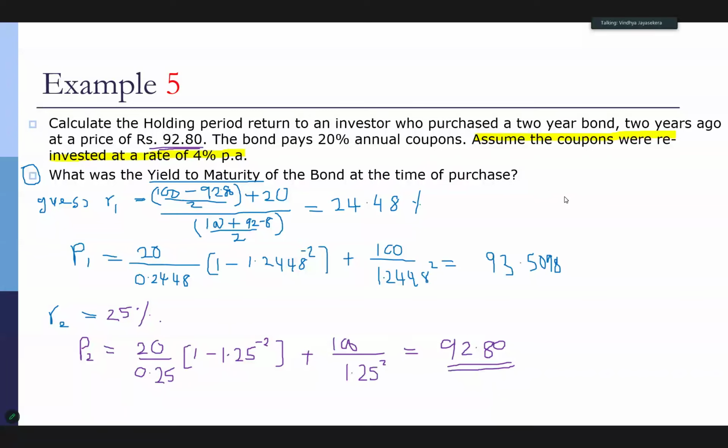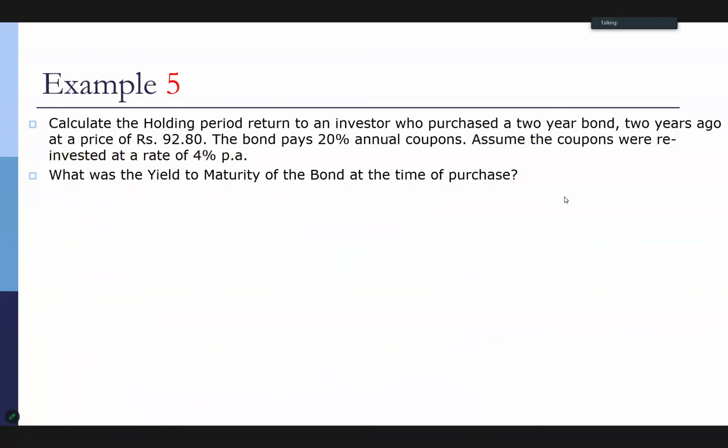So nothing further to be done. Is that okay? So you have yield to maturity of 92.80. Sorry, 25%. Right. Yield to maturity of this bond is 25.